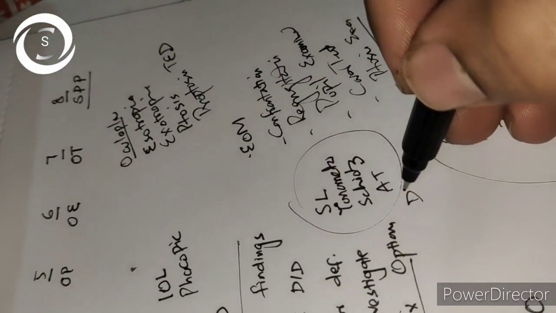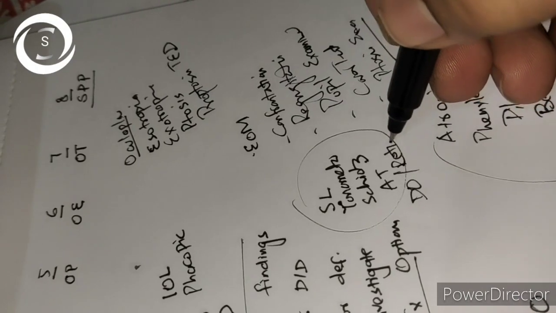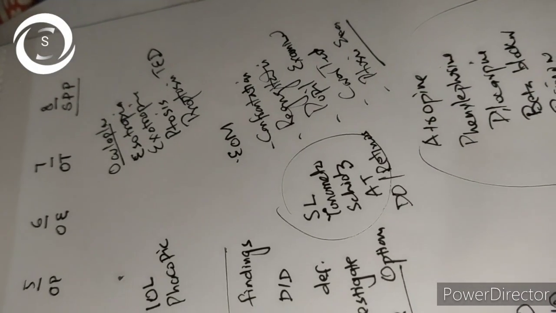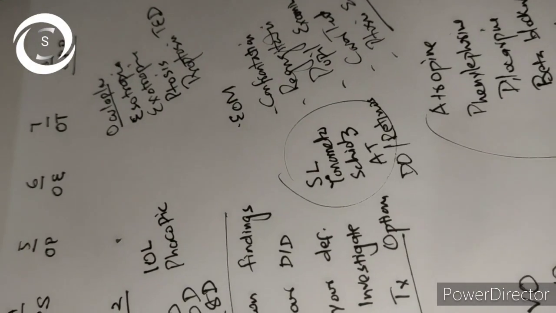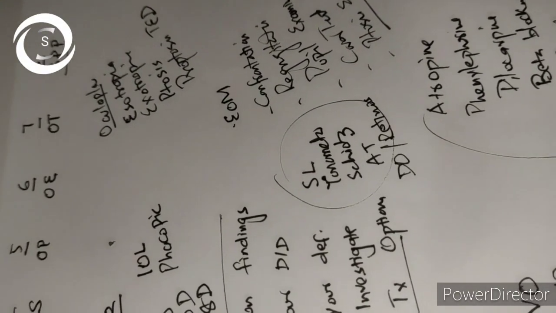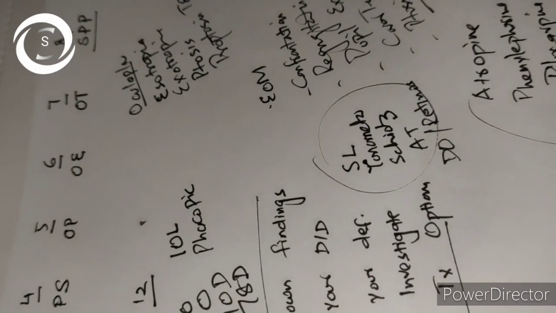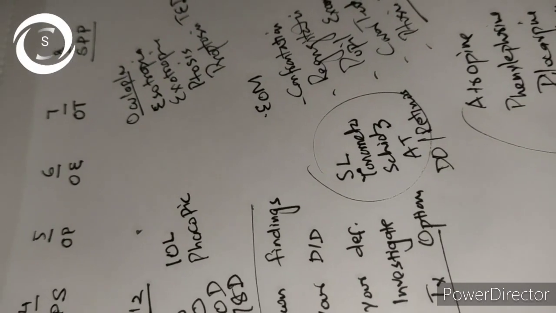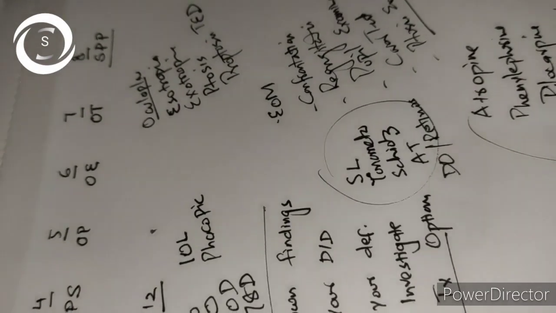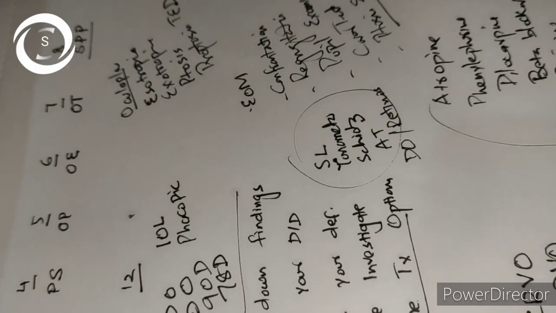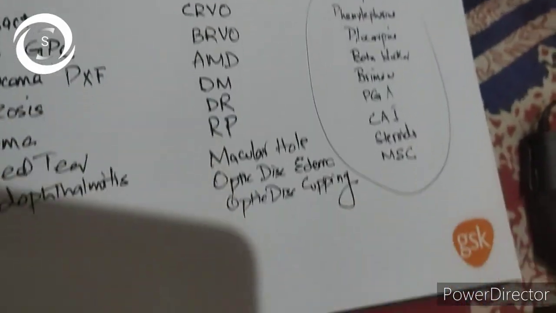Direct ophthalmoscope and retinoscope, how to differentiate. So these are the few things that you should prepare before the viva and OSCE, and hopefully most of the OSCE will be covered.